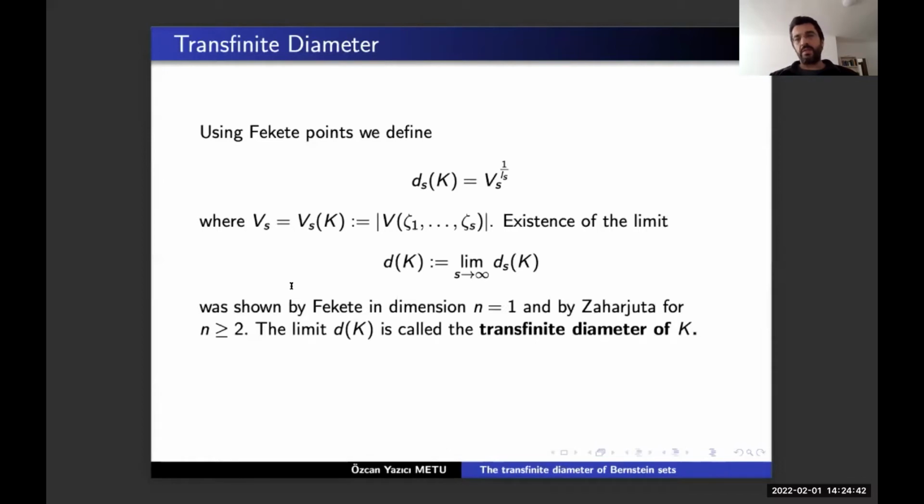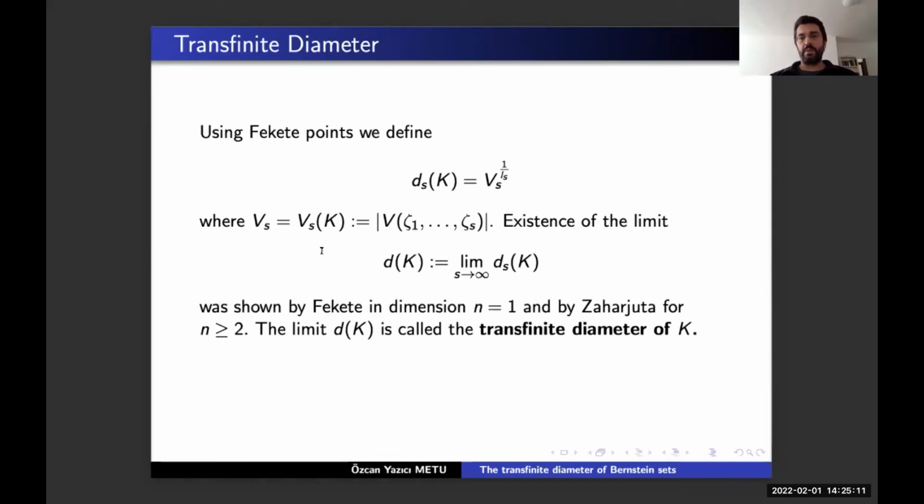As you realize, the computation of the transfinite diameter is not easy. Explicit formulas are not given in most cases. For the unit polydisk or intervals, you can compute this, but for a little bit more complicated sets, this is very hard to compute. Instead, we approximate the transfinite diameter.